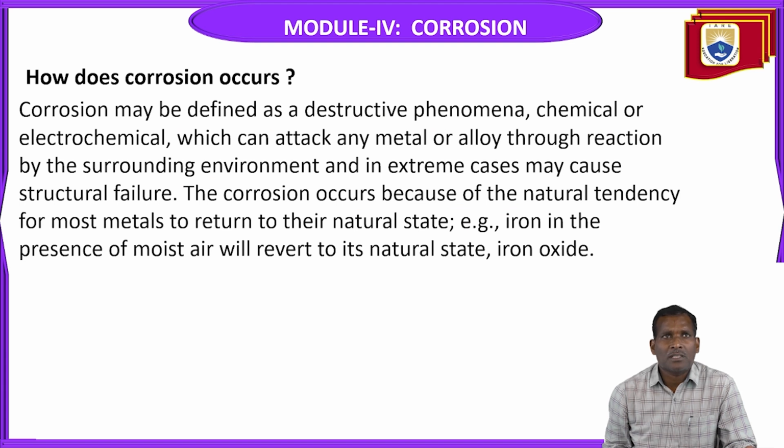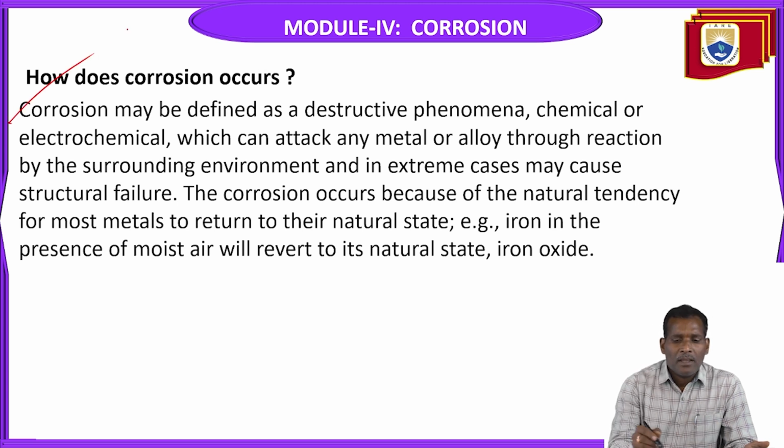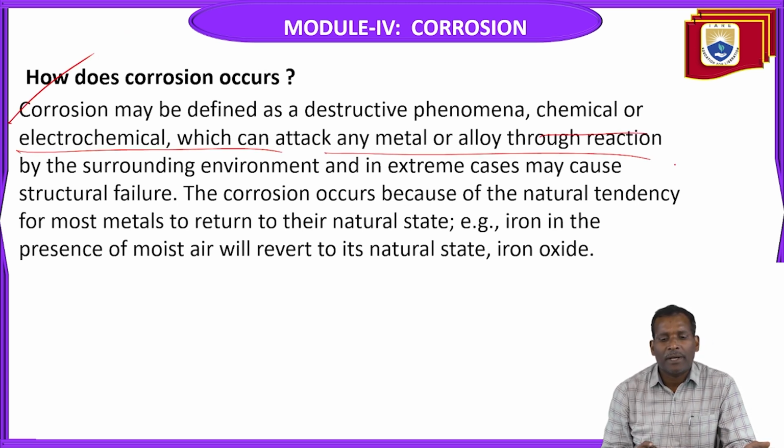How does corrosion occur? Corrosion may be defined as a destructive phenomenon, chemical or electrochemical, which can attack any metal or alloy through reaction with the surrounding environment, and in extreme cases may cause structural failure.